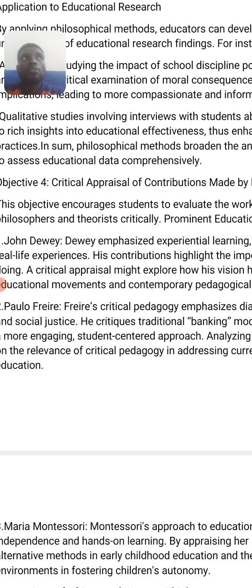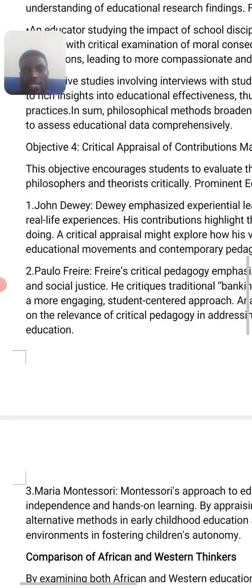So philosophical methods are just like a lens that can help us to see the problems or weaknesses, why education is not effective, and then through that we can formulate or develop policy that could bring about effective education in our society.